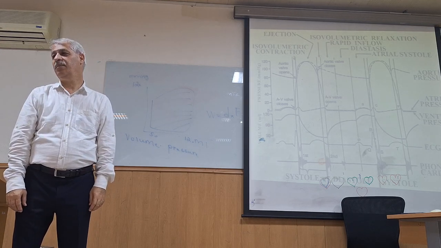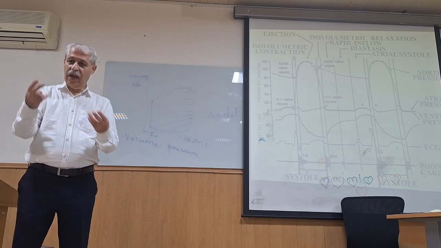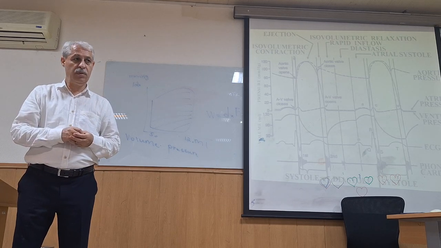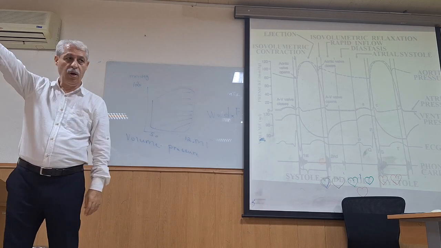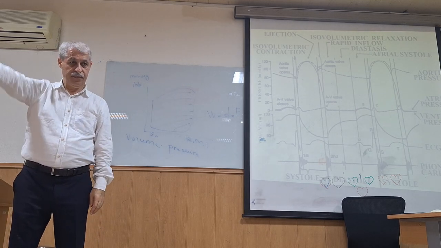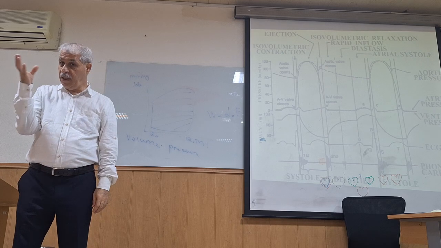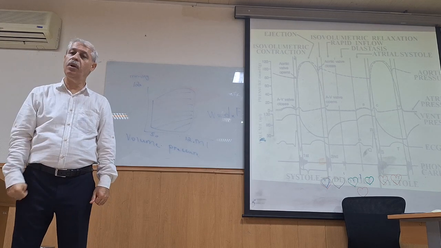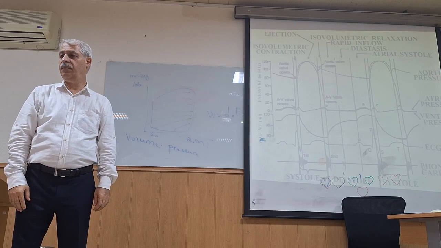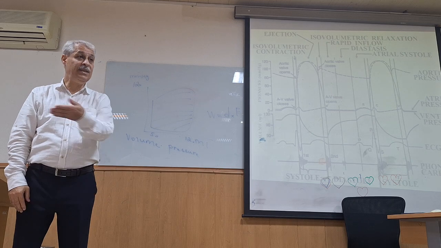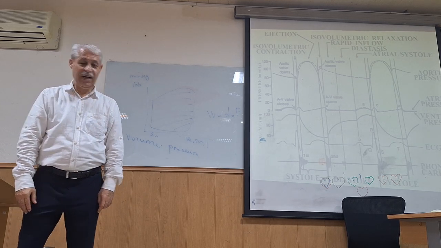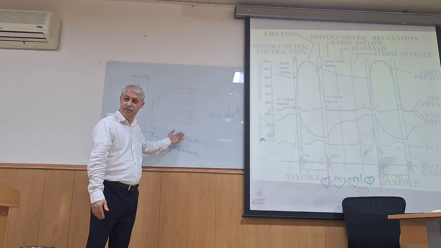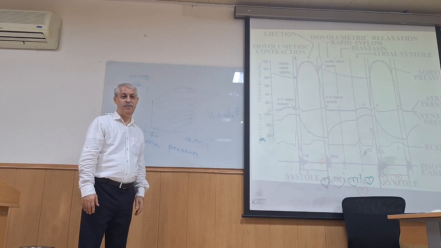So we have 2 types of work in the heart: moving blood from the low pressure veins to high pressure arteries, and accelerating the blood to its high velocity. This is kinetic work, and the other one is external work.